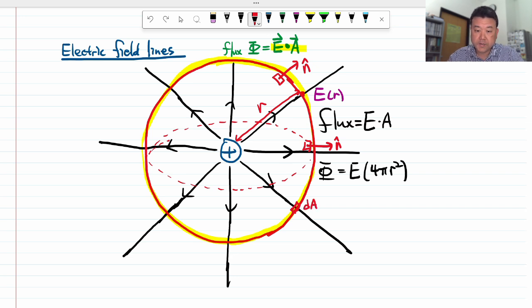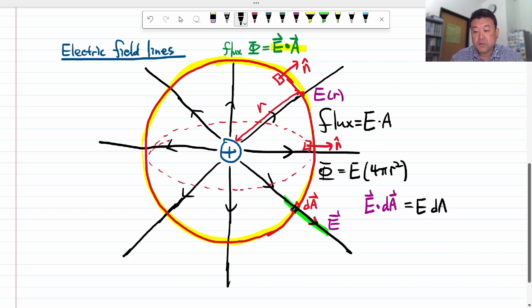Then for this surface element, we can look at the surface normal vector and see that it points in the same direction as the electric field vector, radially outward, and work out the expression E dot dA. It's just E dA. Because the two vectors are parallel, the dot product just becomes the product of the magnitudes of the two vectors. And the cosine theta that would be there is just 1, because theta is 0.